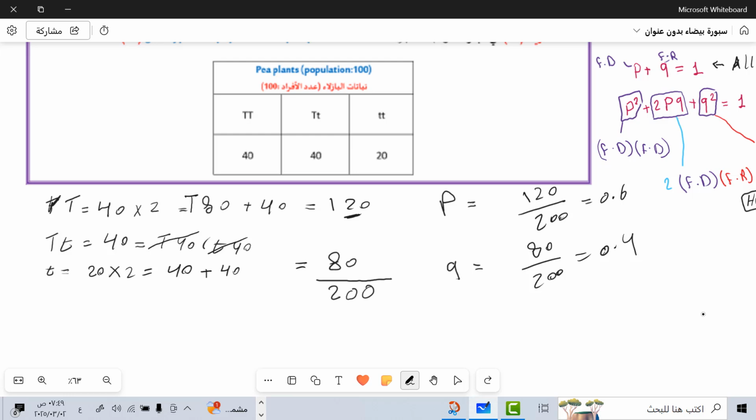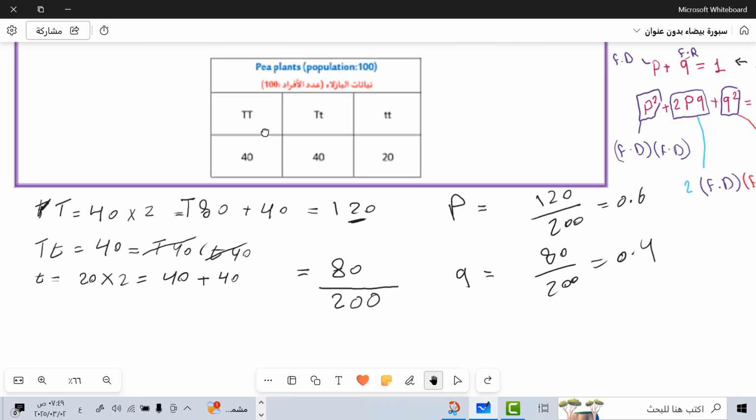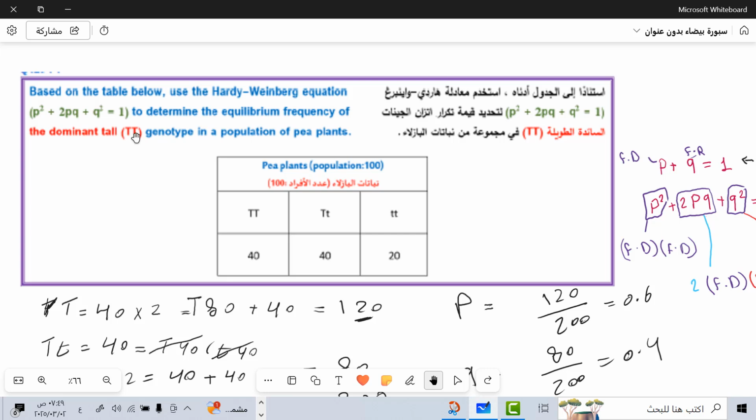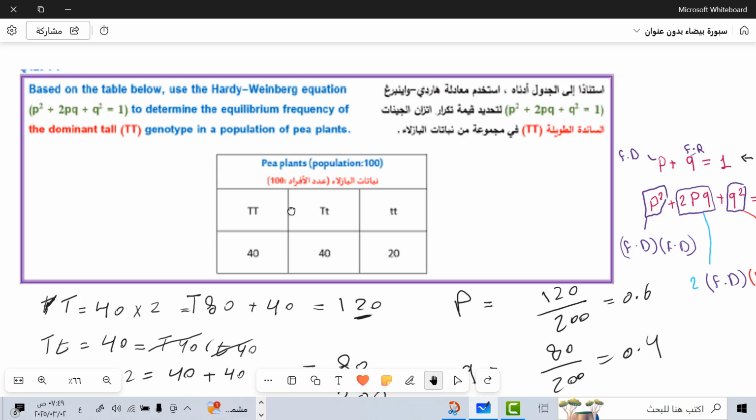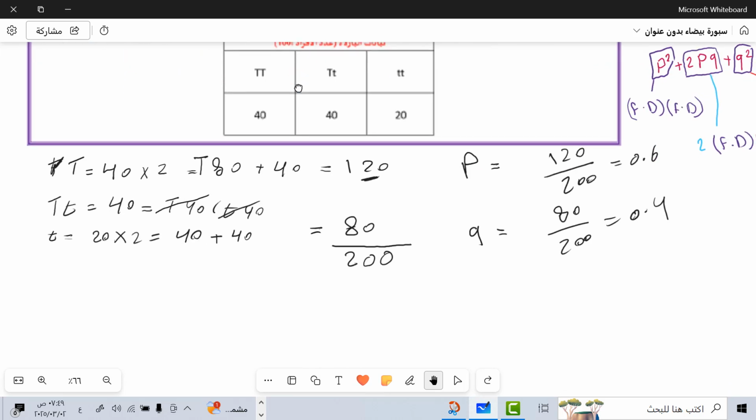Okay, now what does he want? He wants the T capital, not this T capital, he wants this one. This means the frequency of T multiplied by the frequency of T, so we will write it like that, okay? T capital T capital equals P square.